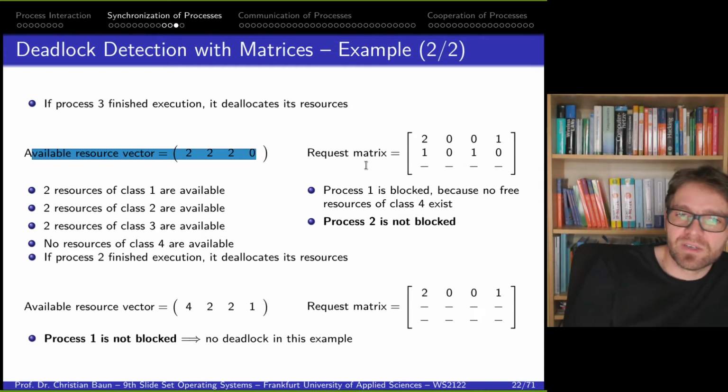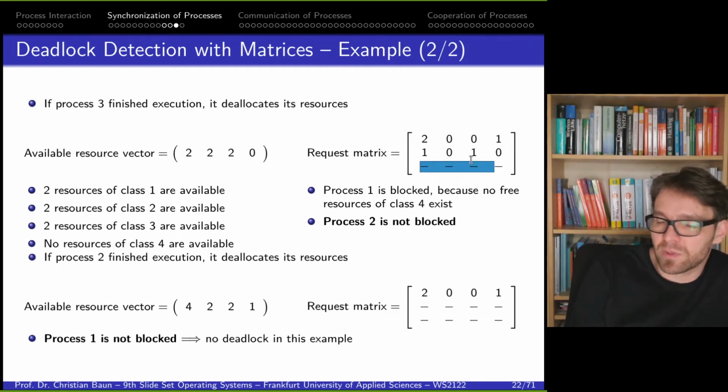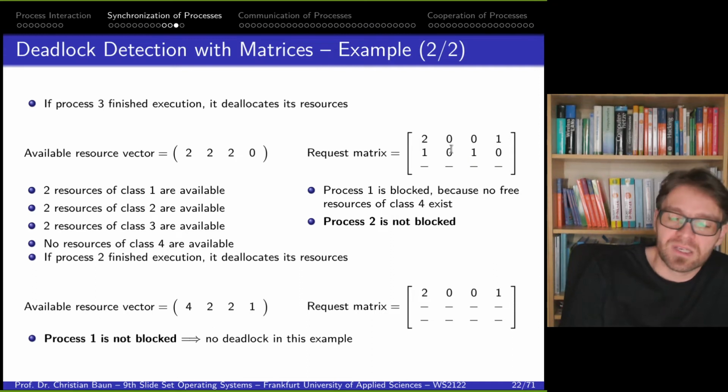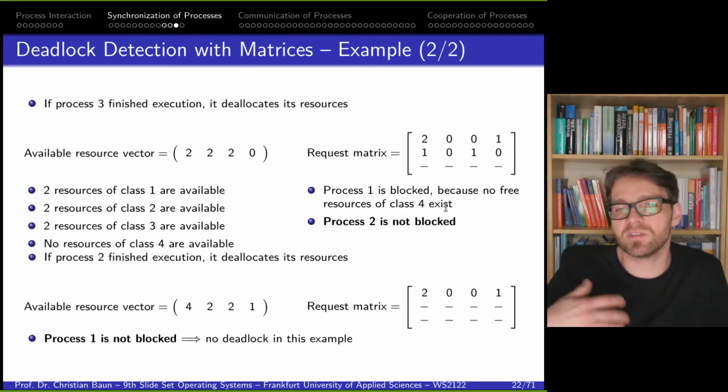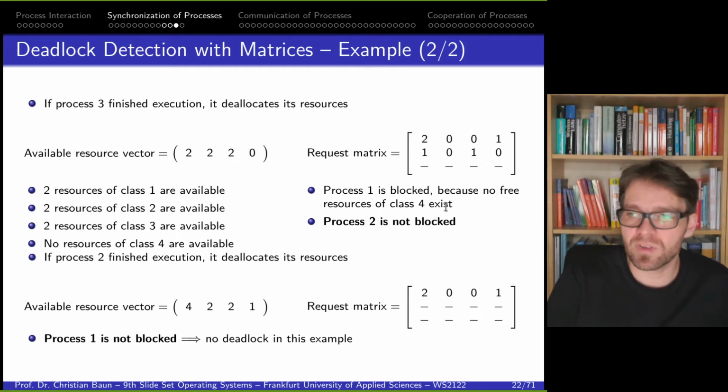And our request matrix is the same, but process 3 is gone because it has terminated. So simple question, can we allow at least one of these 2 processes to continue to run with the resources we have available?